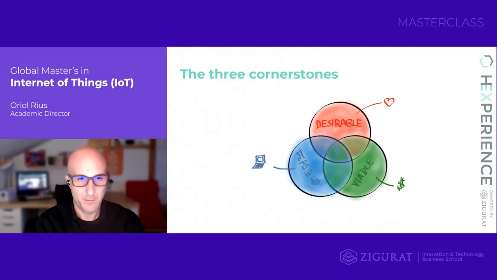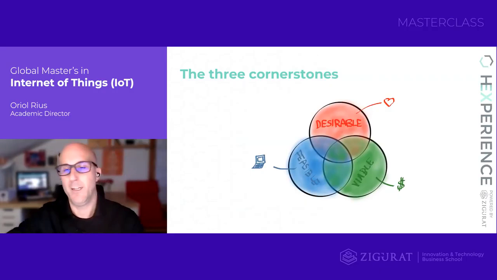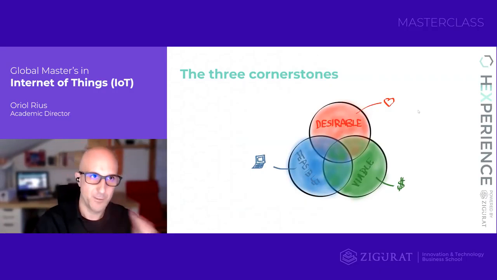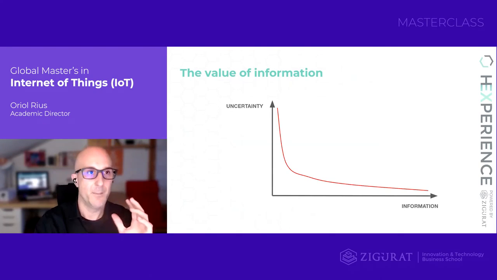So we deliver a product, we deliver a solution to the market, and the market returns to us the value as money. And thanks to that, we can keep on doing what we have to do. So it is very important to cover the uncertainties of those three cornerstones.